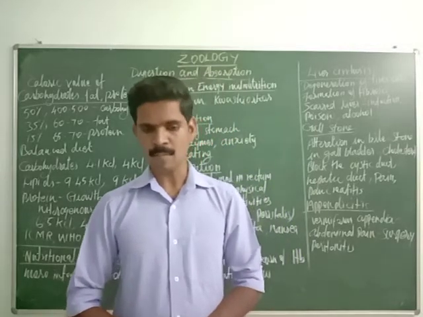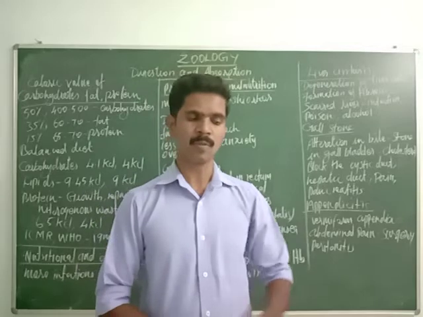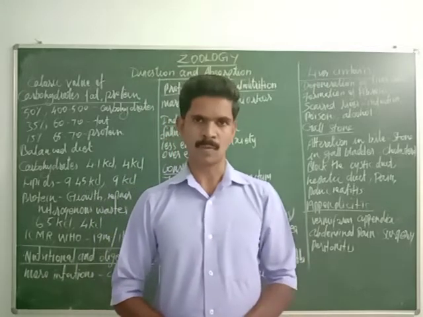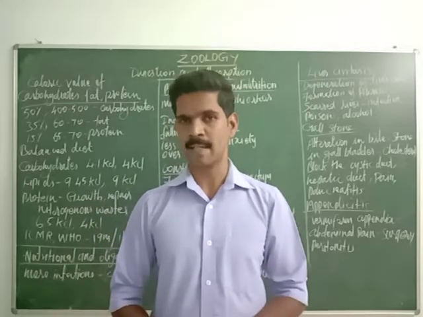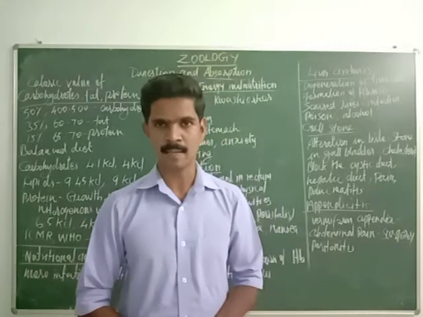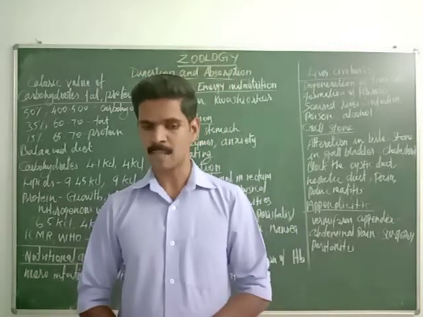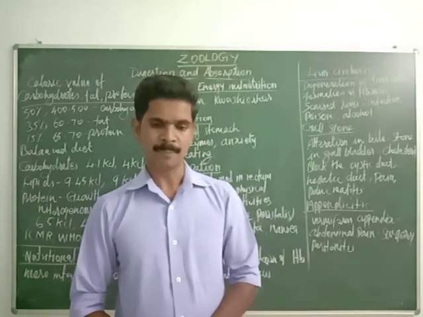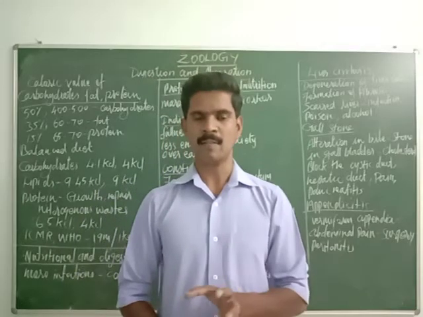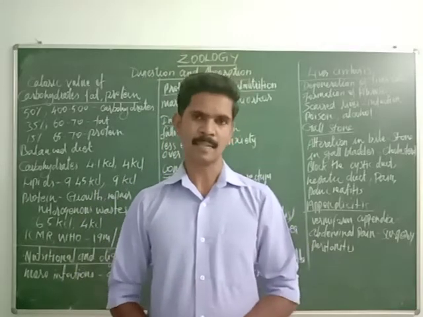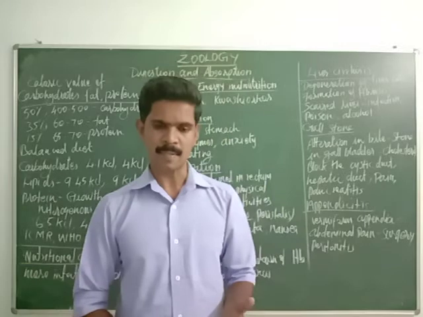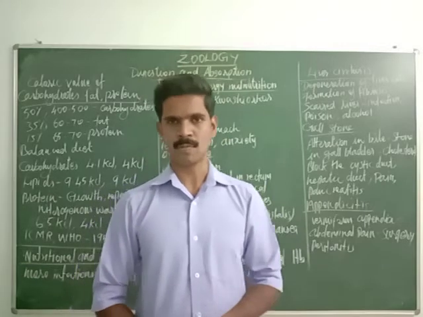Then the fourth symptom is stunted growth, growth is affected. Changes in the color of the hair. Then diarrhea, then lean body, they will become very lean. Then the next symptom is low muscle tissue.